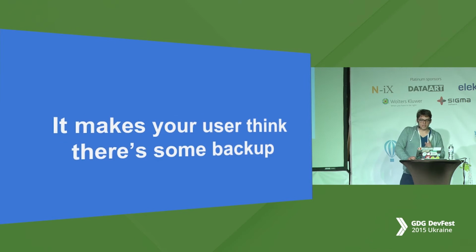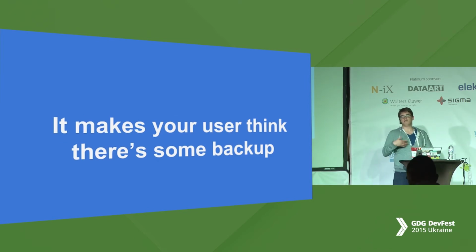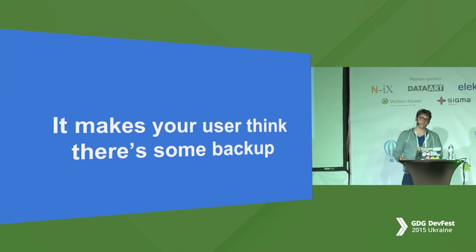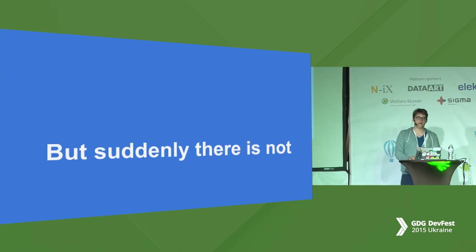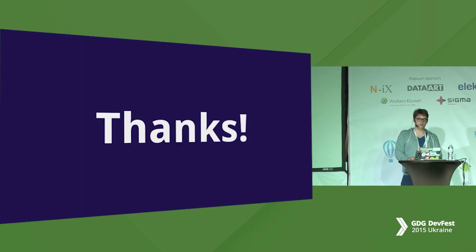And it's even worse because people who are using your app, your users, will think that there is some backup, so they can rely on it, but suddenly there is not, because you exceeded the limit. So make sure your backup is not exceeding the 25 megabytes limit, and thanks.